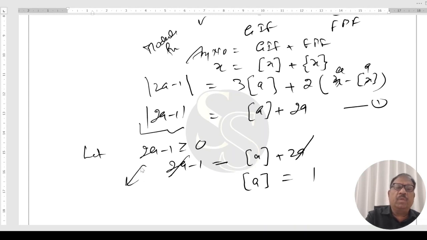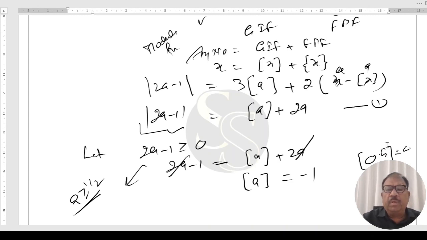From this case, A is greater than or equal to 1 by 2, which is 0.5. The greatest integer function of 0.5 will come out to 0, never negative. Therefore this is not possible.